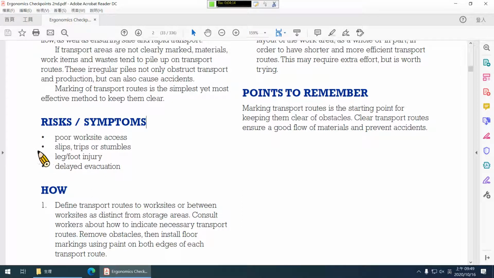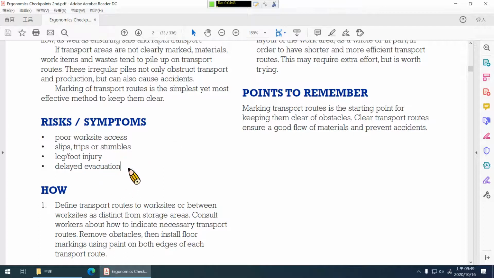So the second risk is that it may cause trips or stumbles, and leg or foot injury may happen. And in certain situations, if you need to evacuate very quickly because of fire or other reasons, it will delay evacuation.